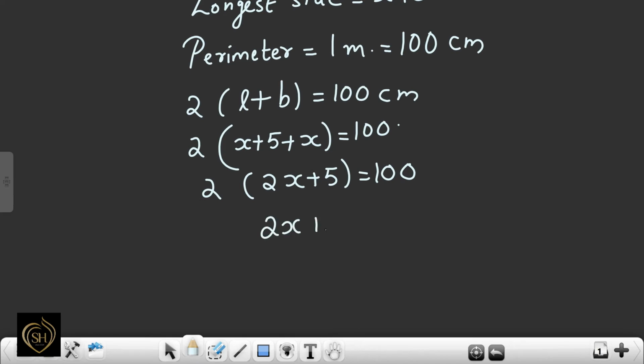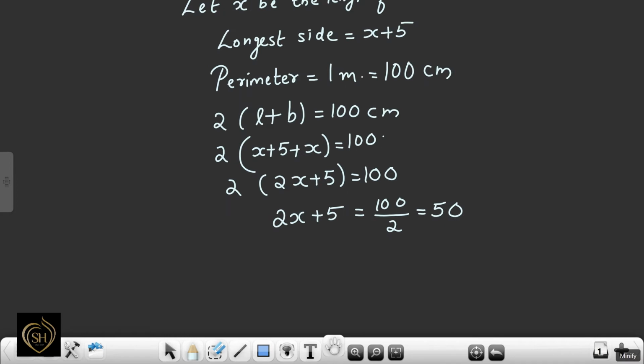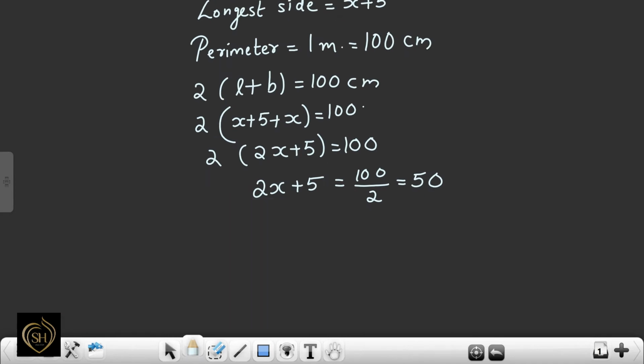So 2x plus 5 is equal to 100 by 2, which is 50. Now 2x is equal to 50 minus 5, that is 45. Now x is equal to 45 by 2.